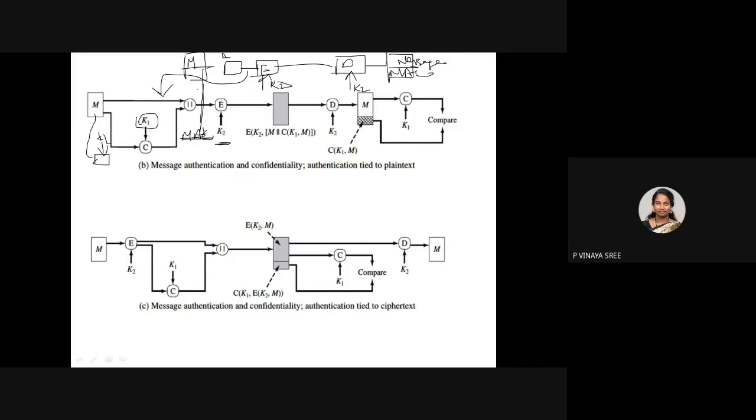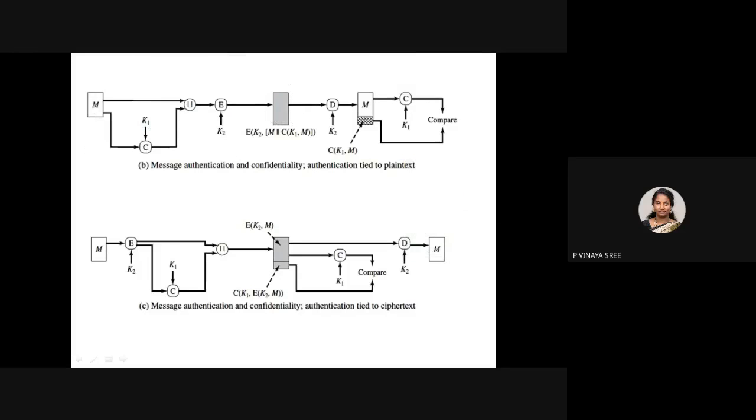From this you will get the MAC. But we are not sending this exactly to the receiver. We are encrypting the whole with K2 and sending it. This entire thing will be shared with the receiver. Just a minute. So the receiver will decrypt with this.